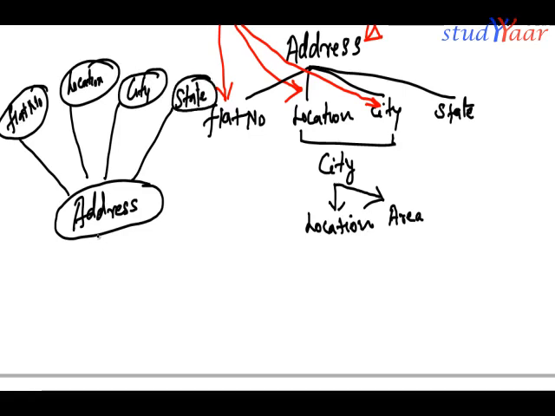And this is the attribute of person. This way we represent a composite attribute. A composite attribute is something that can be further divided into a simple attribute or a set of simple attributes.